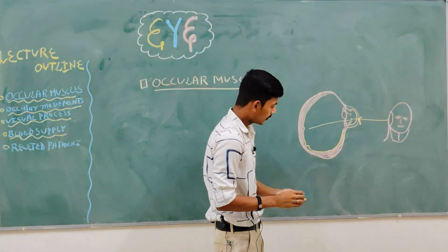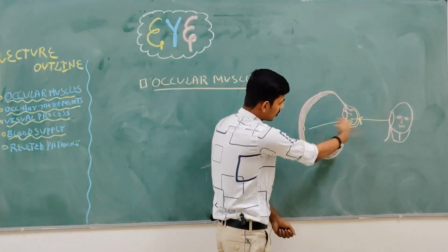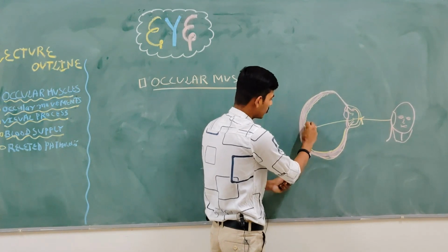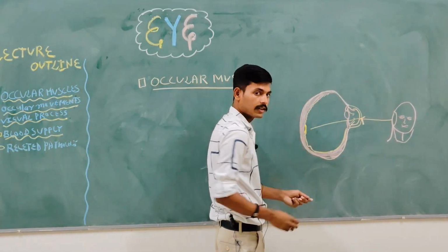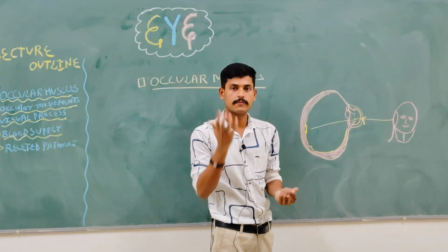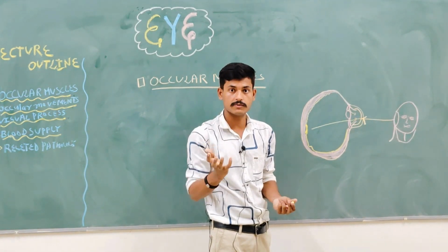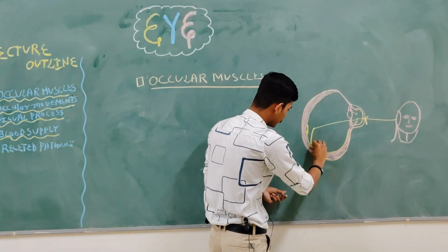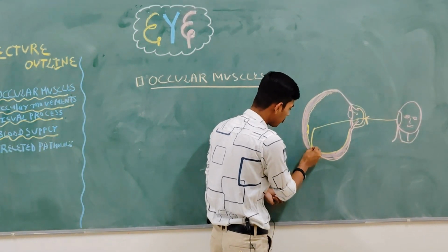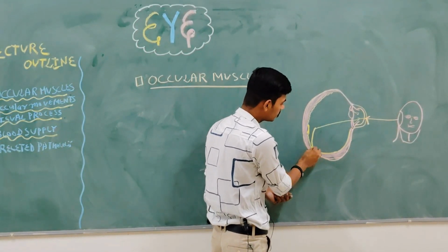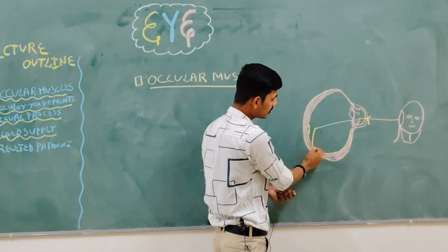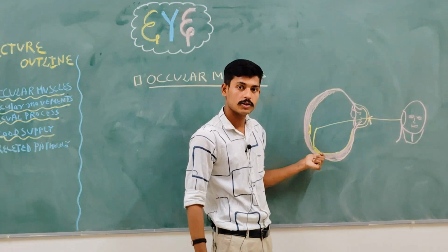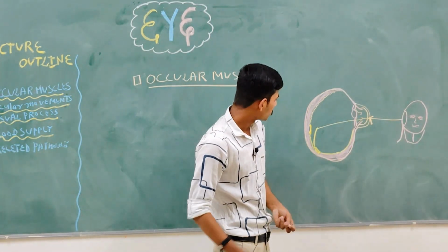If the light rays come into the blind spot region, there will be no image formation. So they have to come to the macula lutea area, where the arrangement of rods and cones is present.